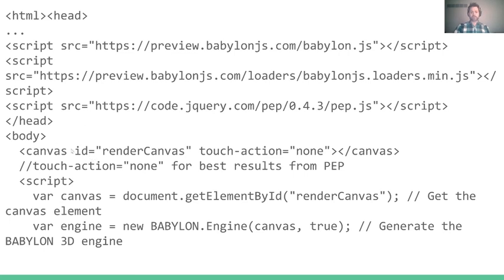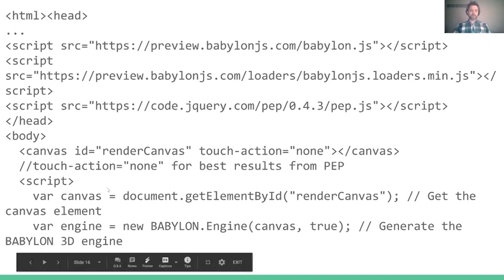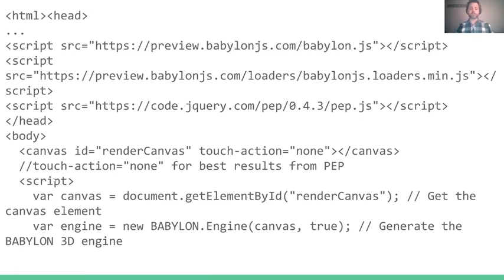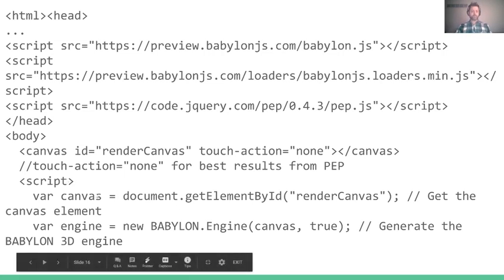But here we actually have the canvas being defined. So Babylon, whatever object you want to render to, it's going to be up to you to define. So here we have our canvas. Well, we're basically going to use the canvas. And then we have our JavaScript code down below. You can obviously put it wherever you want, but we need to get the canvas, and sorry, the text isn't all in one line here.